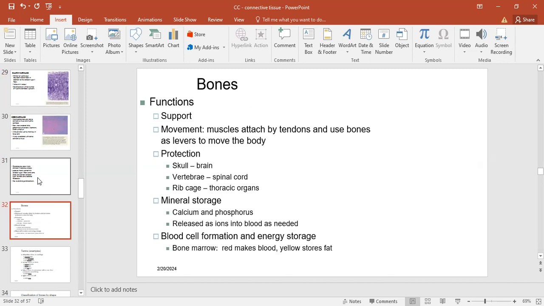We also talked about reticular fibers, which are found in fragile organs such as the liver. Reticular fibers are produced by cells known as reticulocytes. That is a type of fibroblast.